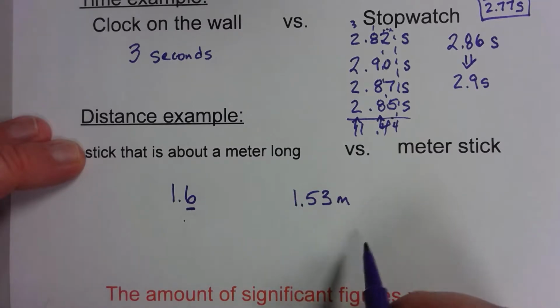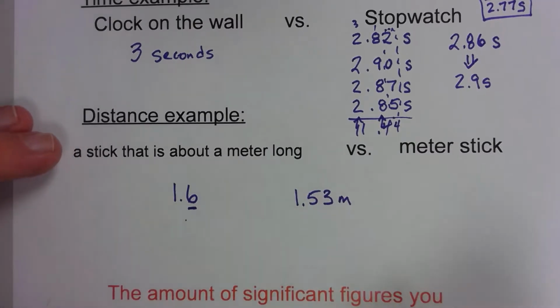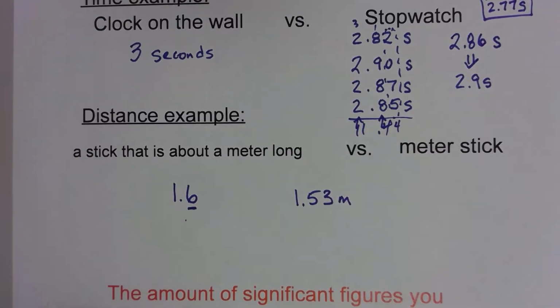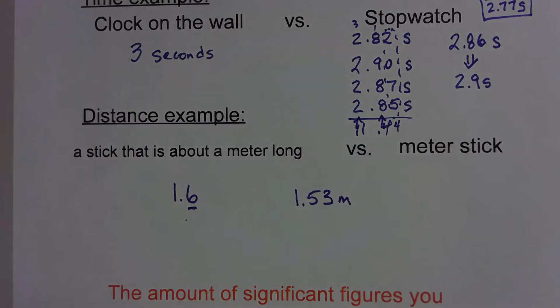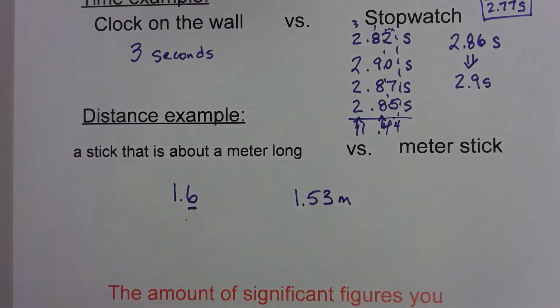Now we can't just tack on more numbers than we really know. Frankly, even though the meter stick has marks that are even closer together, if we have to move the meter stick, we can't get as good of data because when we move it, we've changed where 0 is. We would need a measuring tape with millimeter marks on it, and then we could get 4 or maybe even 5 significant figures about how wide the desk is.